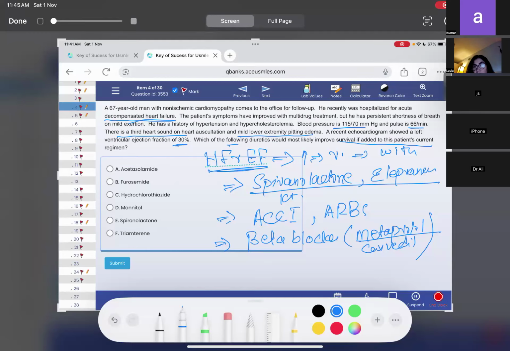So these are some of the drugs that will increase the survival rate in a patient with reduced ejection fraction.